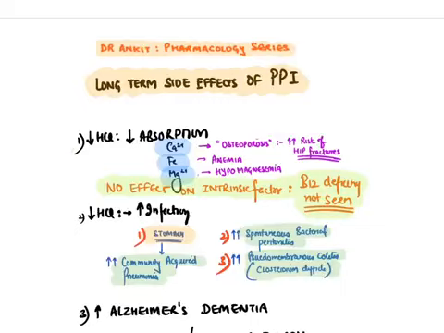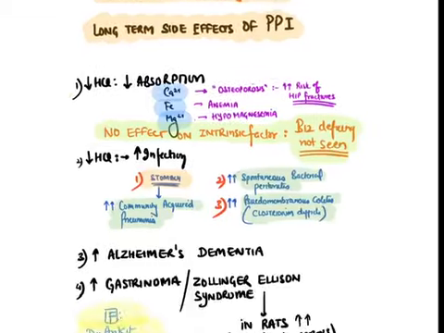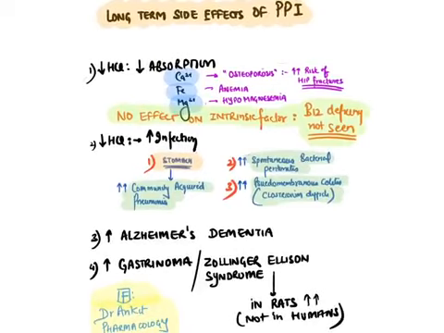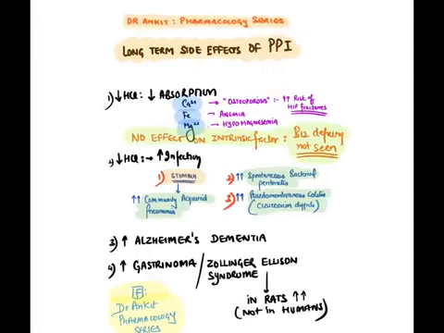They reduce iron and magnesium absorption as well, but remember they don't have any effect on vitamin B12 absorption, because vitamin B12 absorption depends upon intrinsic factor, and PPIs don't suppress intrinsic factor. They only reduce production of HCl. Now you know that HCl is part of innate immunity.